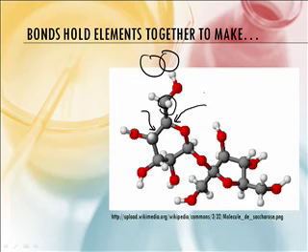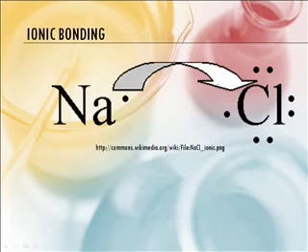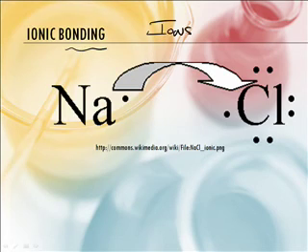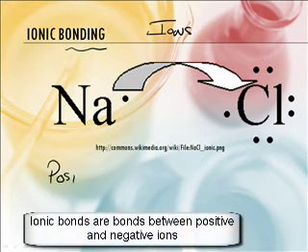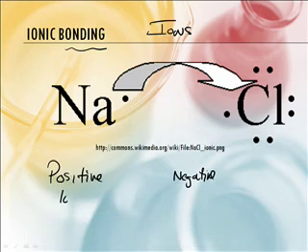But the key thing is we're going to talk about the different varieties of bonds in chemistry. All right, so let's start with ionic bond. There are three types we're going to talk about. The first one is ionic, and in an ionic bond, we produce ions. And ions, as we know, have positive and negative charges. In order for something to get a positive charge, it has to lose an electron, and for something to get a negative charge, it has to gain an electron.